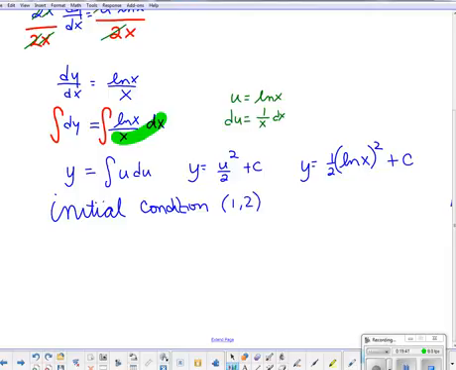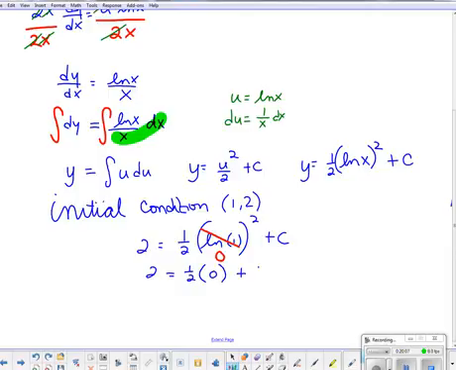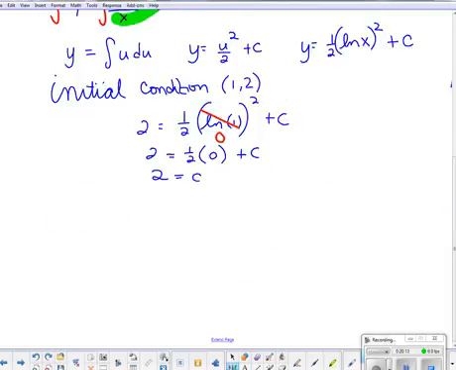So we will put in 2 for y: 2 equals 1/2 (natural log of 1) quantity squared plus c. The natural log of 1, we all know it's 0. And so this is going to be 0 squared, which is 0, plus c. Oh, it looks like c is coming out to be 2. And we are so close to the finish line.